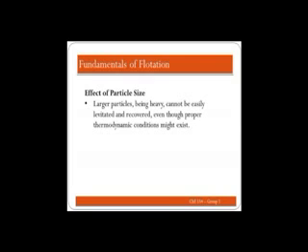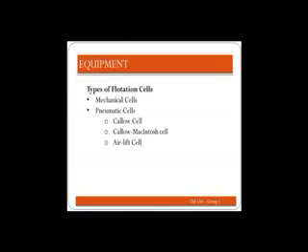In flotation process, an equipment is needed in which the material is actually separated or floated from residual tailings. This equipment is called flotation unit or flotation cell. There are two types of flotation cells. One is the mechanical cells and the other is the pneumatic cells. Pneumatic cells have three examples. One is the Calo cell, Calo-Macintosh cell, and the airlift cell.